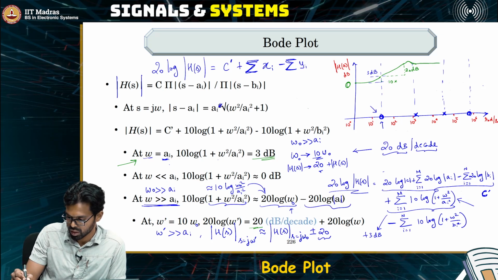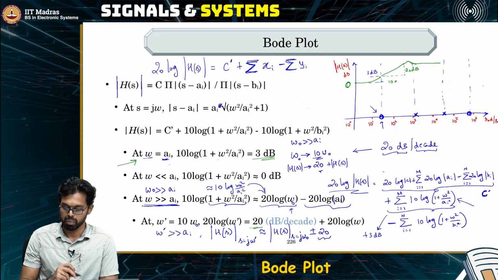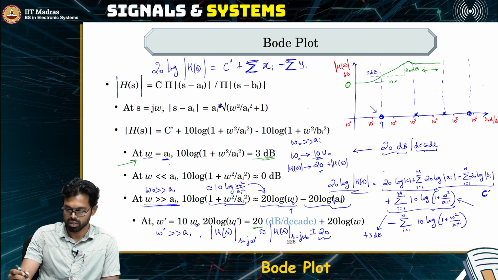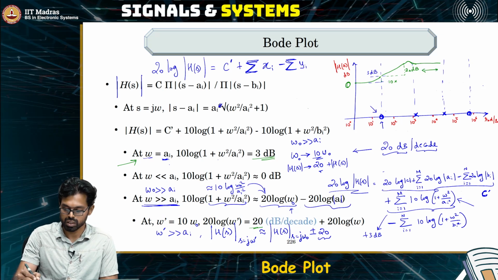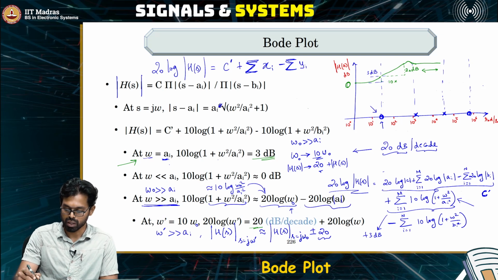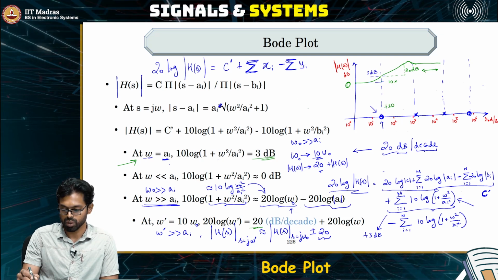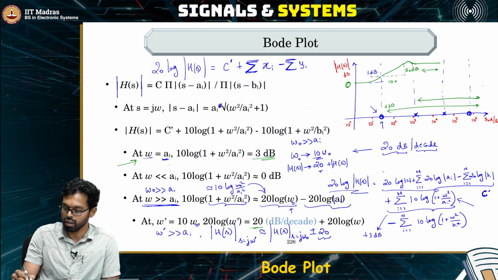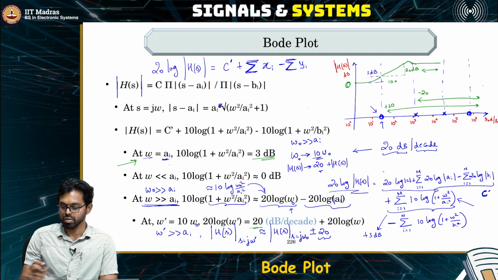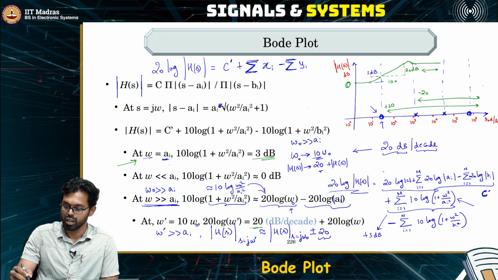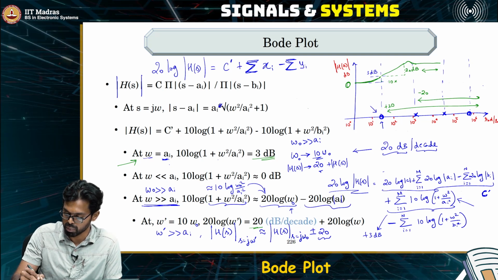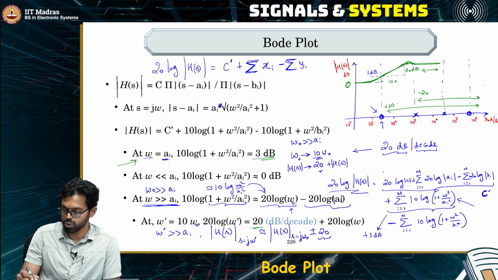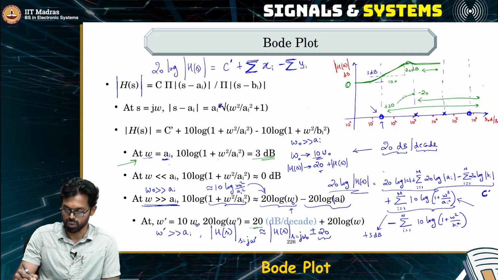So from here on, there is a flattening out because we had a 0 earlier, and in these frequency ranges, which is now away from both the 0 and the pole, we have a plus 20 dB because of the 0 for all these frequency ranges. And from this frequency range, we have a minus 20 dB because of the pole that is present here. Okay. So because of this reason, now we have a Bode plot which is going to now be a flat straight line. That is because these two 20 and minus 20 cancel out each other.